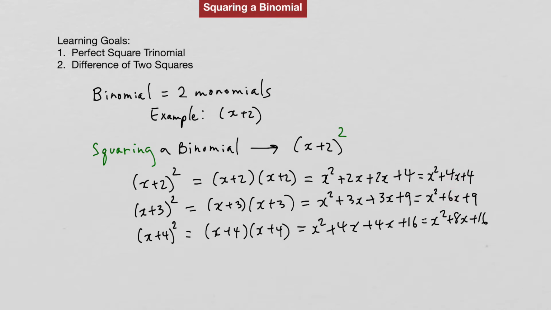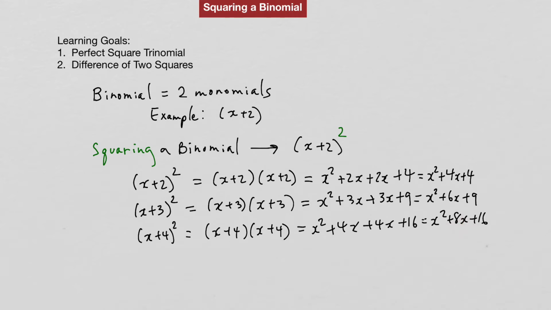What about the middle terms? What do we see here? What we do notice is that they all have x's, so we know that this x is involved somehow. But what is the relationship between this x and 2 versus this 4x? Or this x and 3 versus this 6x? Or this x and 4 versus this 8x?